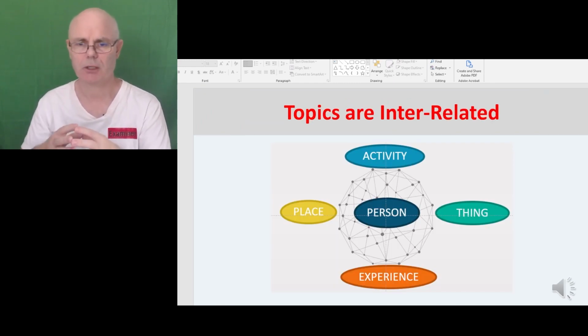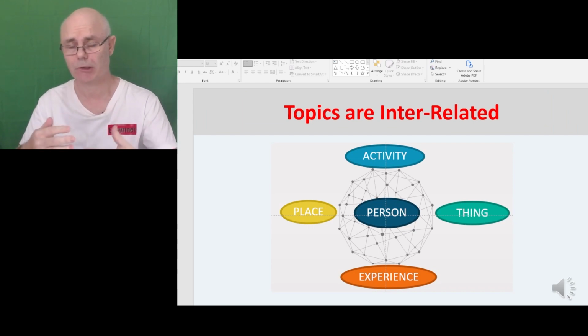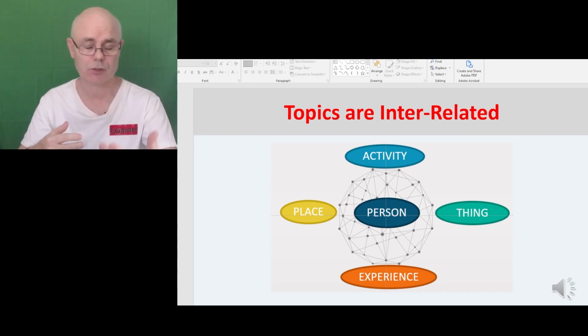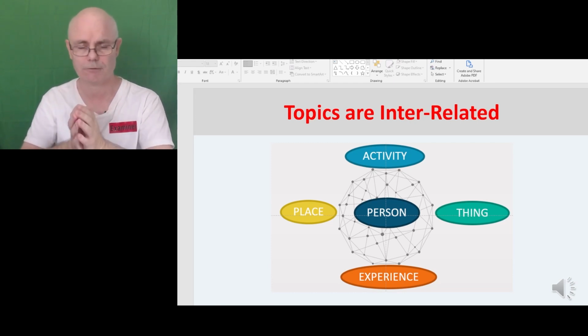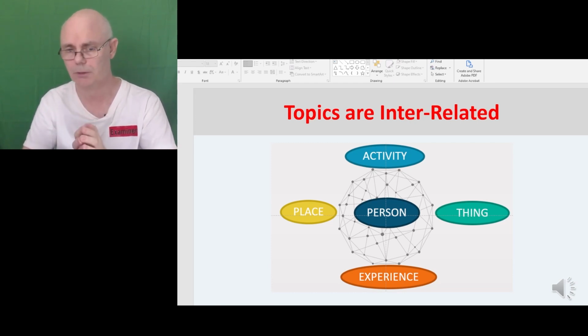So we want to realize that our topics are interrelated, that if we're talking about a person, we might talk about a place at the same time. For instance, where we meet that person, or the place that we first met the person. We might talk about activities that we do with the person, things that we got from the person or things that we gave to the person.